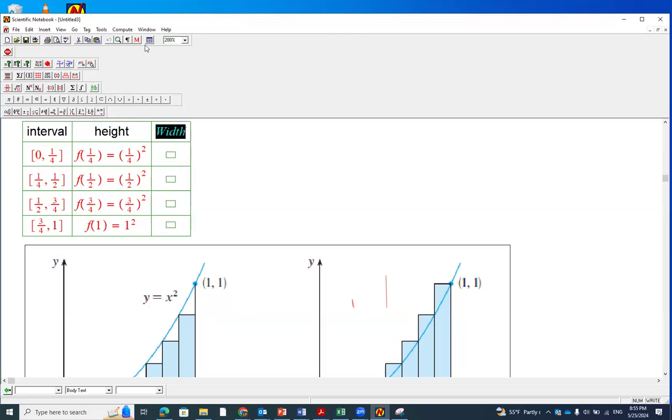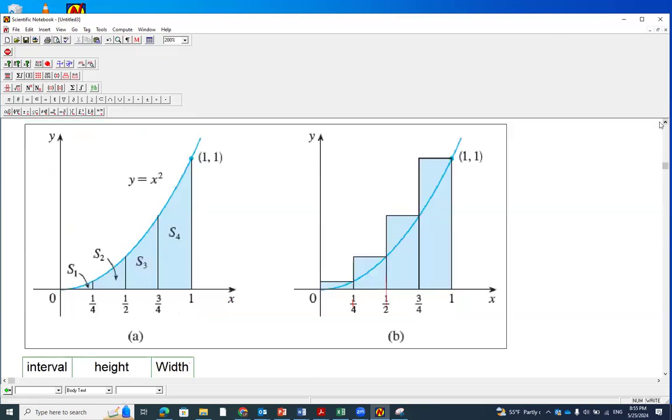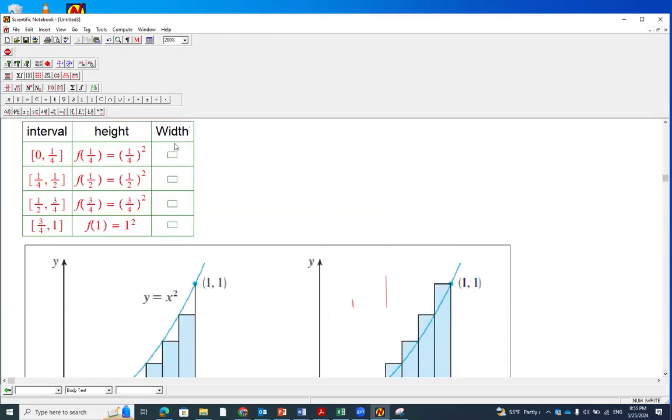The width of each rectangle is the same because we have equal width, which is 1 subtract 0 divided by 4, because we divide it into 4 parts. So the width is 1 minus 0 divided by 4, which is 1/4. So the width is 1/4 for all of these 4 rectangles, and they all have the same width.